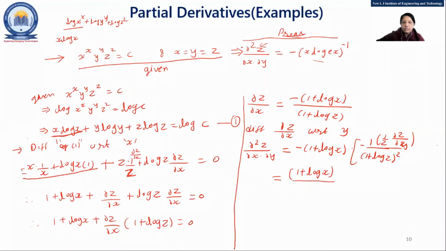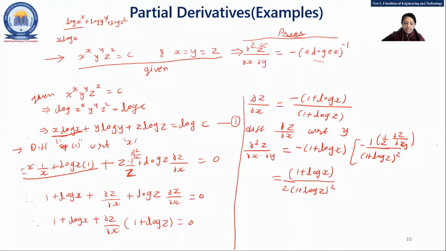Upon this 2 is there, so 2, okay, 1 plus log z, the whole square. Now this, we want what? Del z by del y. Here we require del z by del y. So it's not necessary to count it again, because this whole procedure you need to follow this. So what happened?